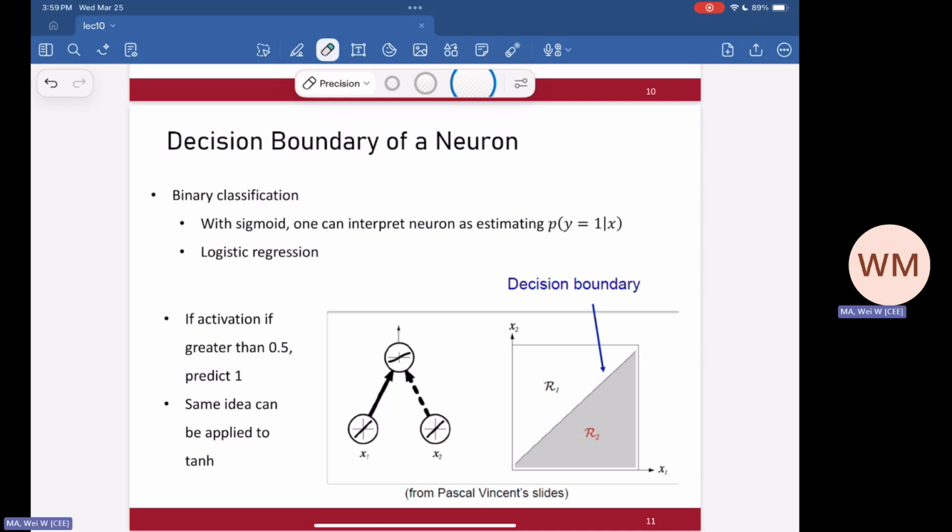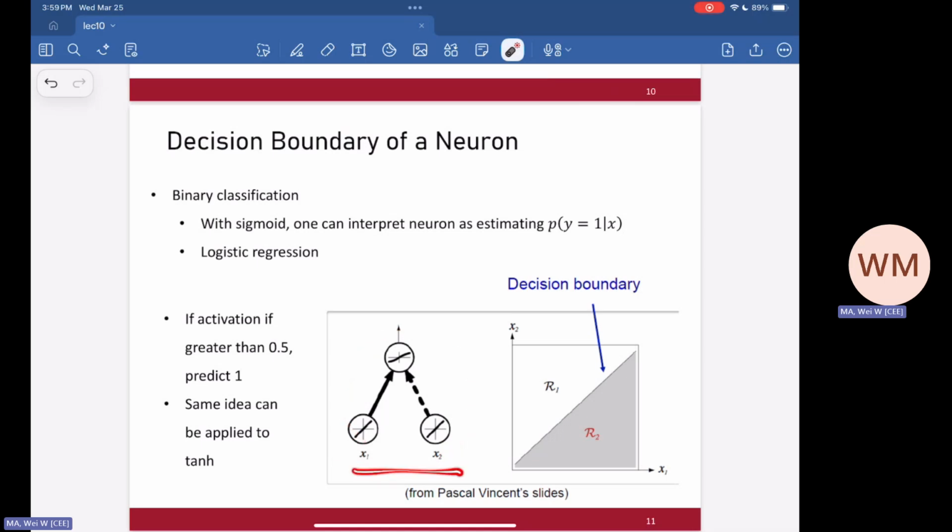Given a neuron, for example, if you are using a neuron to do binary classification with the sigmoid, basically we are doing a logistic regression, right? You can see something like here.